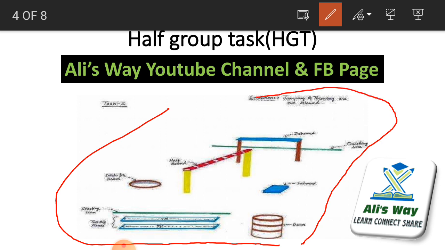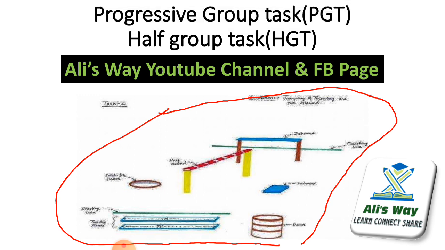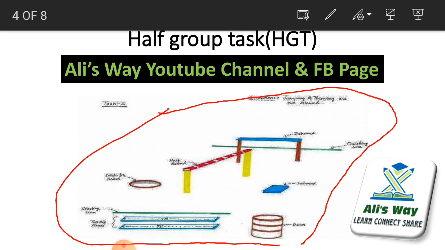This is a demo; the actual one will not be the same, as there will be lateral changes. In this task you have to start from here using these two planks and this drum, and with your whole group you have to pass from here to the finishing line.